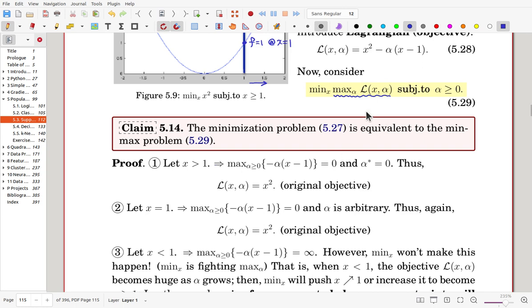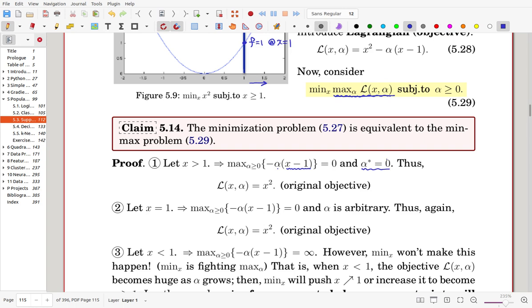Then once we consider that portion, the maximum with alpha non-negative, if we consider that portion only, then here minus alpha times (x minus 1), x is larger than 1, so that will be positive, and with alpha non-negative along with the negation, this value is negative, so the maximum happens when alpha is 0, right?